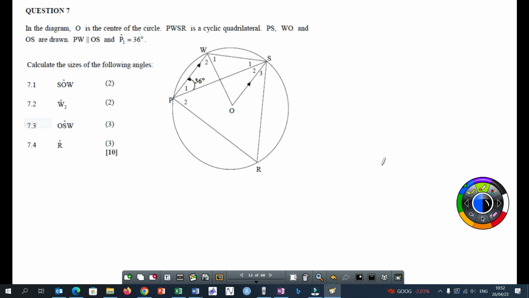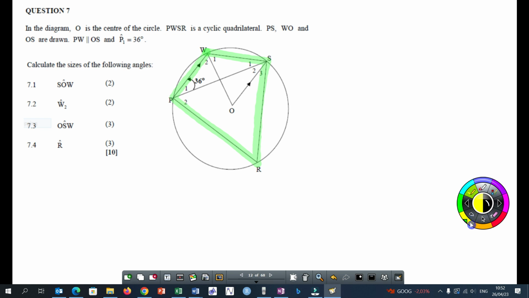Then we are told that PWSR is a cyclic quad, because the four vertices are on the circumference. Then PW is parallel to OS.